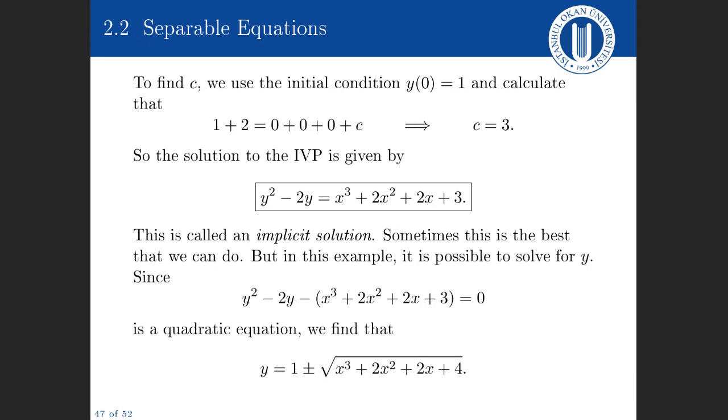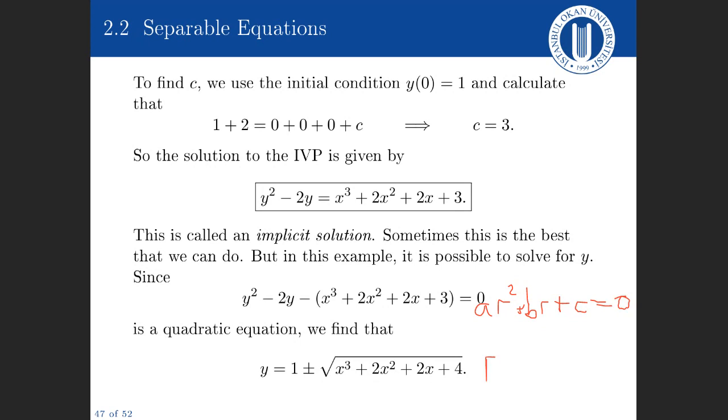Because y squared minus 2y minus (x cubed plus 2x squared plus 2x plus 3) equal to 0 is a quadratic equation. We know how to solve quadratic equations. We know how to solve, for example, ar squared plus br plus c equal to 0.